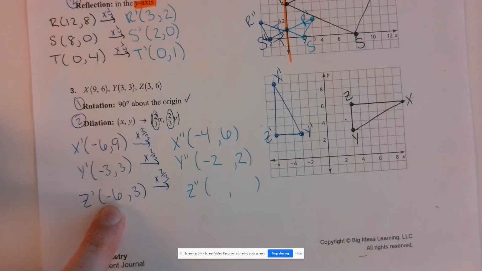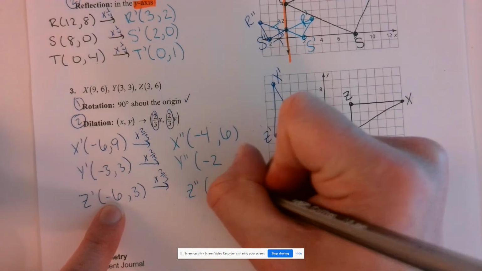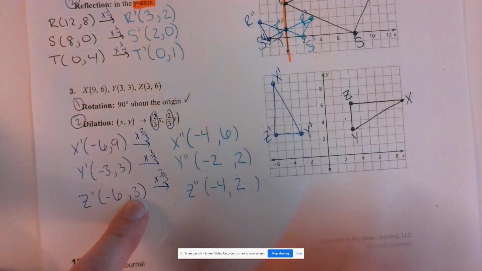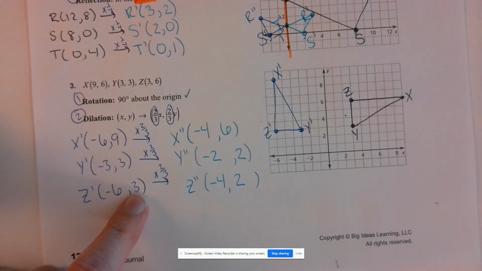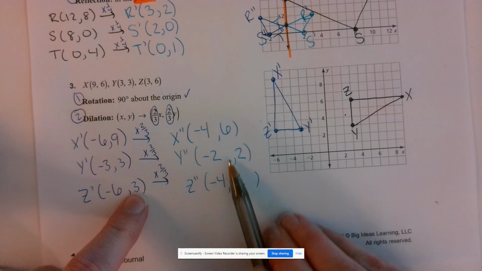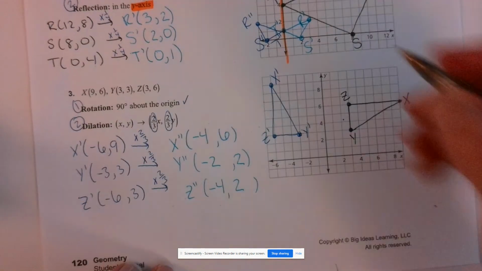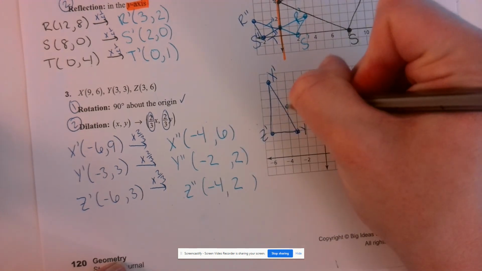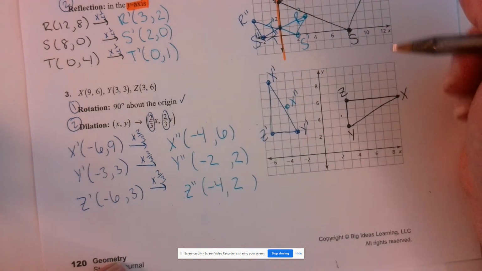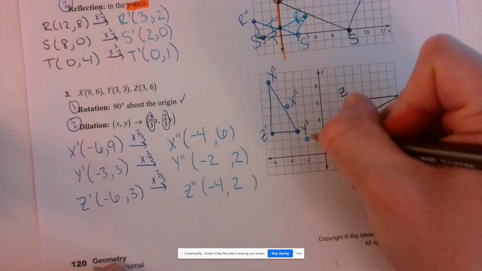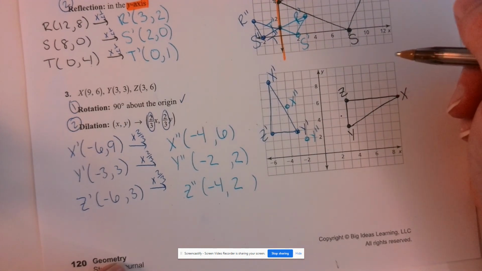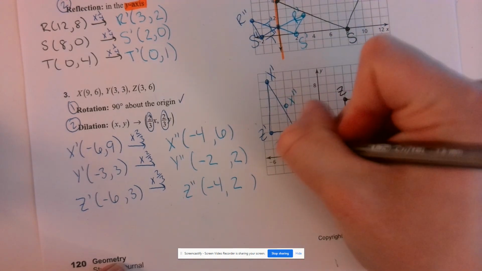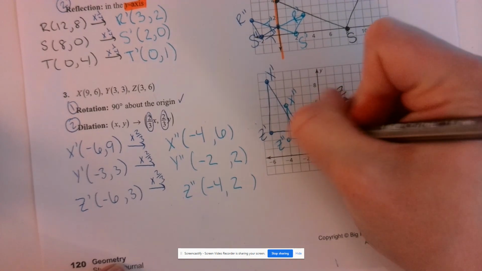Negative 6 times 2/3 is negative 4. And 3 times 2/3 is 2. All I need to do now is plot these new points on my graph. X double prime is at negative 4, positive 6. Y double prime is at negative 2, 2. And Z double prime is at negative 4, 2.